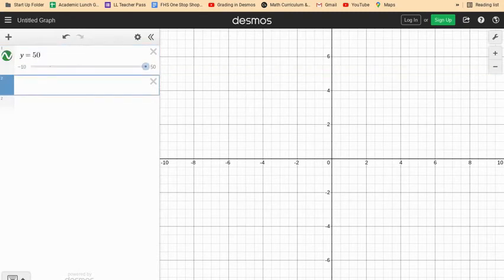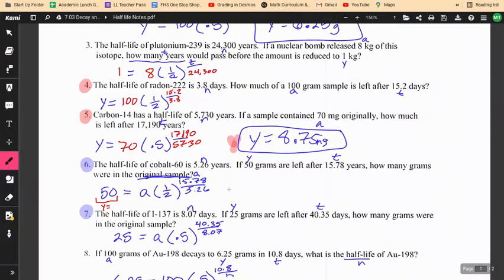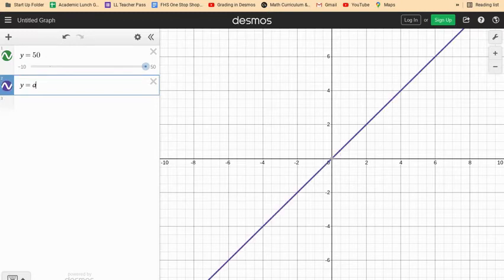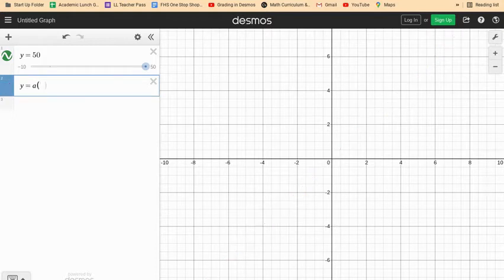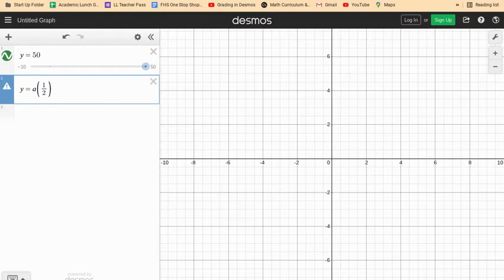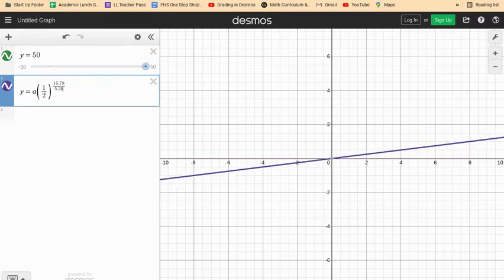So that's one equation. Then I'm going to take the entire right side and plug that into a second line for a second equation. So in my second line, I have y equals, I can use a or x. If a doesn't work, go ahead and use x, times 1/2 raised to the power of, I believe it was 15.78 divided by 5.26. That's what I believe it was.